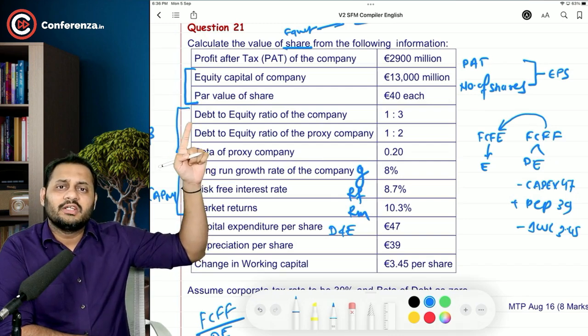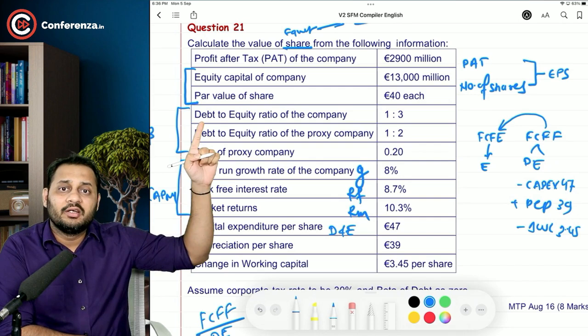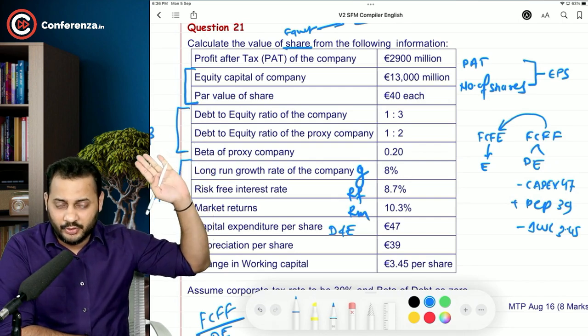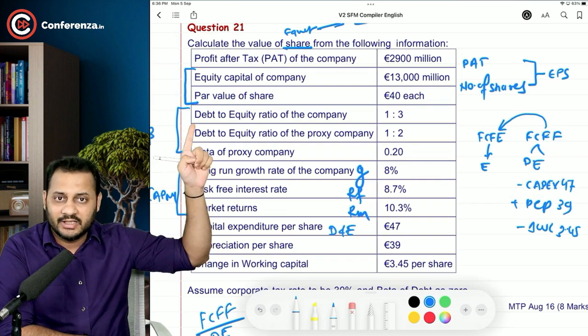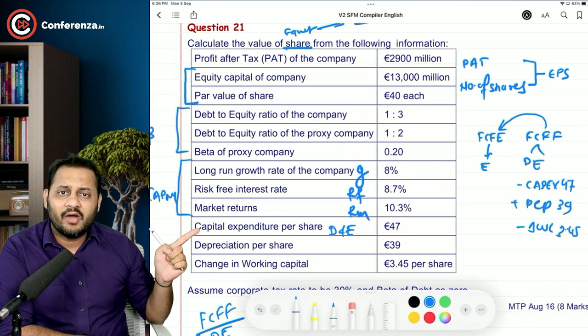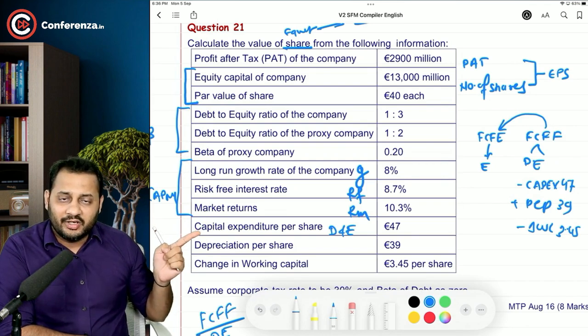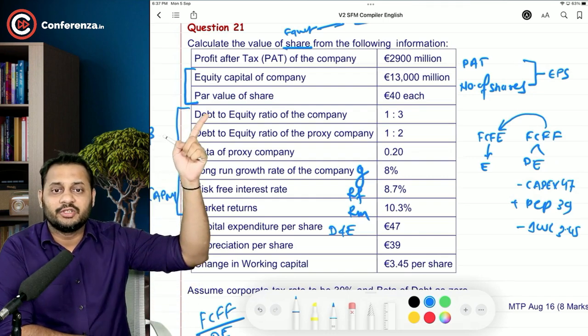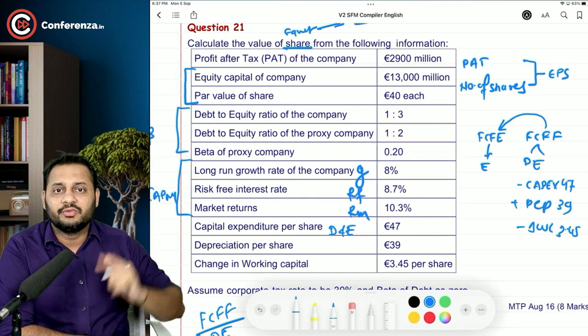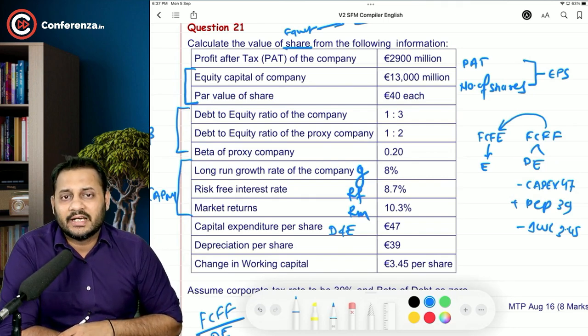These are the capital contributors. Do you agree? Equity is also contributing to the capital of the company. Debt is also contributing to the capital of the company. And this is what the capital requirement is. So if 47 is required, it will be contributed by the debt and equity in their ratio 1:3. So what exactly you have to do?